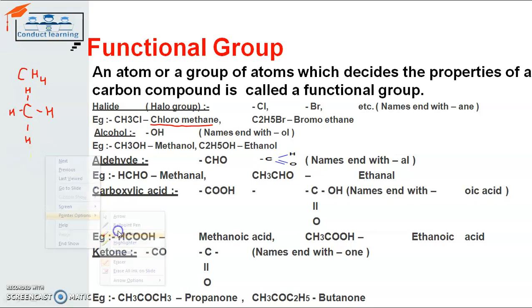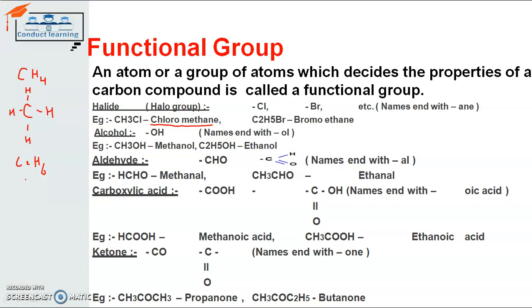So here we can see in ethane, the chemical formula is C2H6. As we well know, the number of carbon atoms in ethane is 2 and the number of hydrogen atoms is 6. So accordingly, if a functional group is added to the already existing ethane, it will become bromoethane.